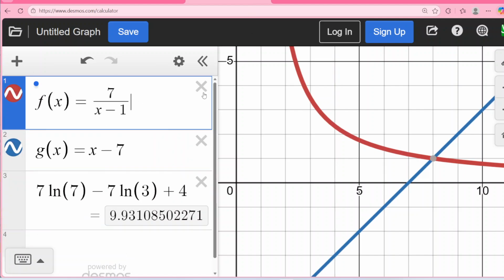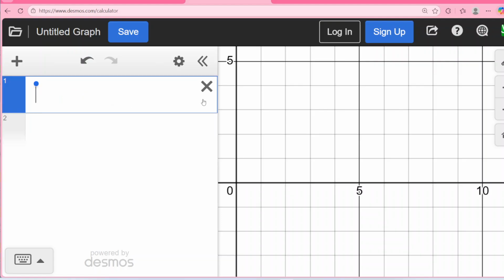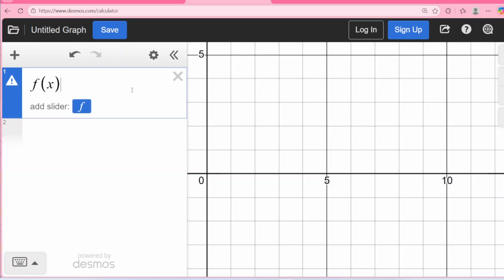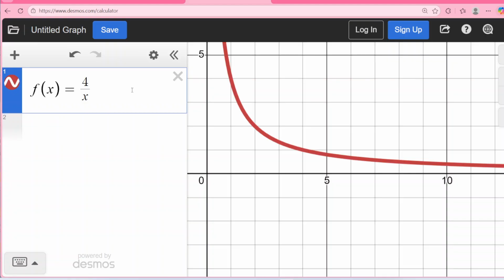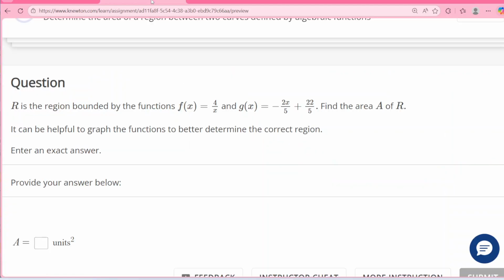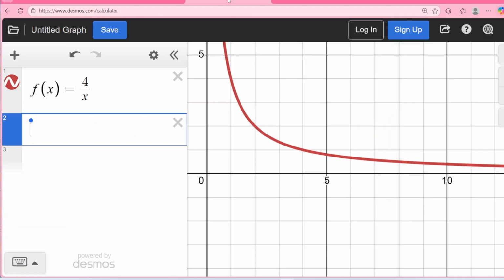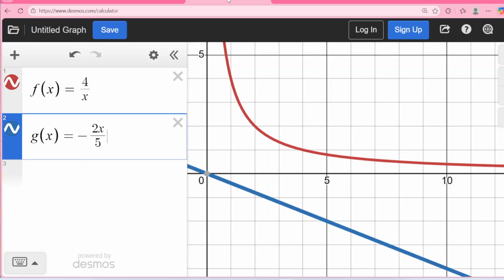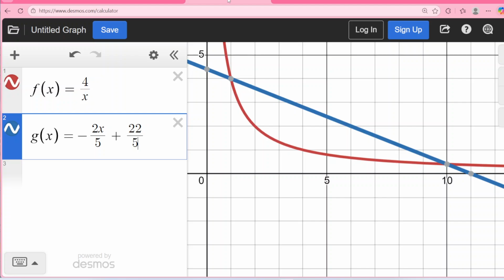So our two functions this time, actually let me zoom this out a bit. You've got f of x is 4 divided by x, so that curve, and g of x is another line, g of x equals negative 2x over 5 plus 22 fifths.